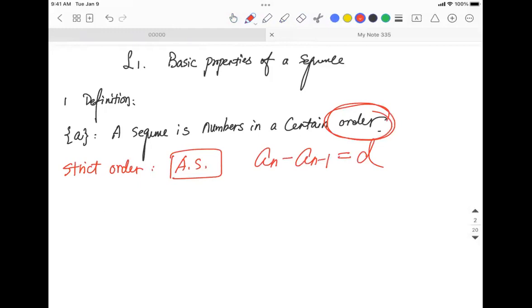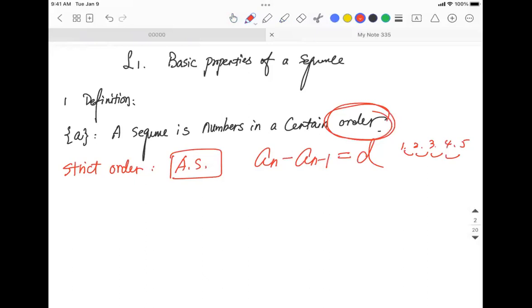So that being said, you have 1, 2, 3, 4, 5, every single two terms. As long as they're adjacent, the difference must be exactly equal to 1, which is quite understandable, right? This is a very strict order. As long as you're not following this order 100%, this is not considered to be an arithmetic sequence.